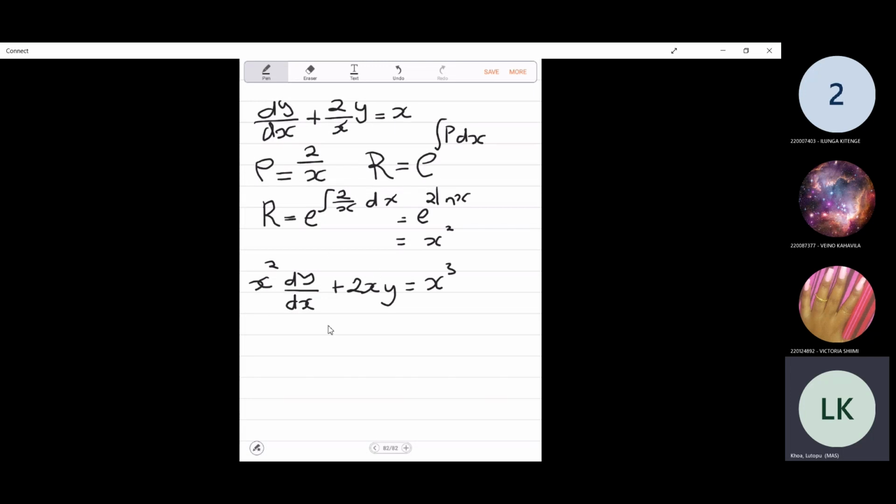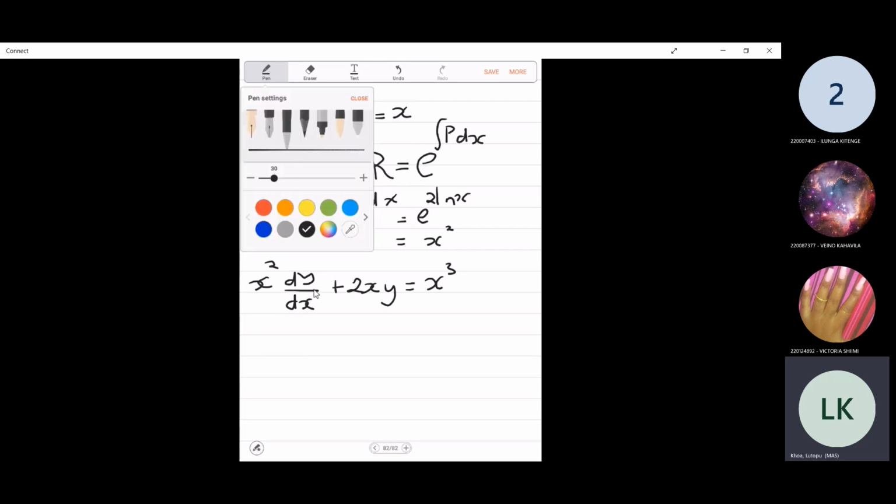Now, if we look at the left-hand side and you look at the terms that you have, here I have x squared, and then over here I have 2x. If I differentiate x squared, I get 2x. Over here I have dy/dx, and on this side I have y. So if I differentiate y, I get dy/dx.